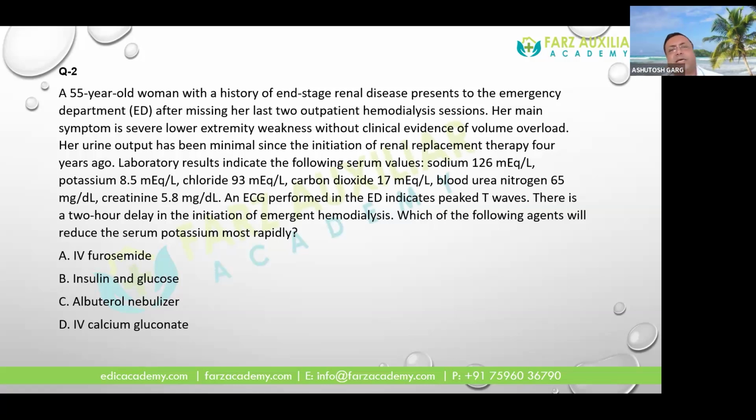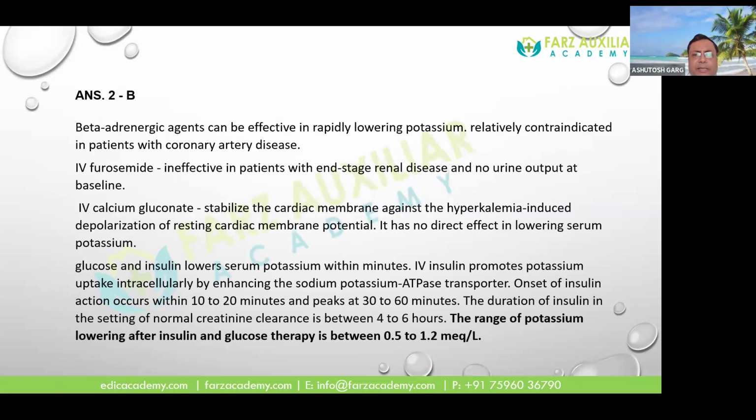So basically, this is a case of hyperkalemia. The ECG is also showing the same thing, and potassium is 8.5. So by which agent will you decrease the potassium most rapidly? Answer is B, insulin and glucose. The range of potassium lowering after insulin and glucose therapy is 0.5 to 1.2 milliequivalent per liter.